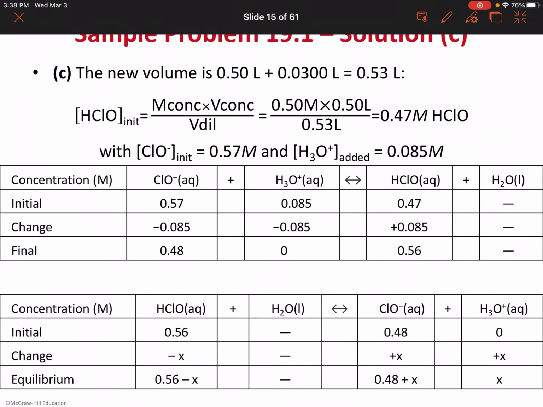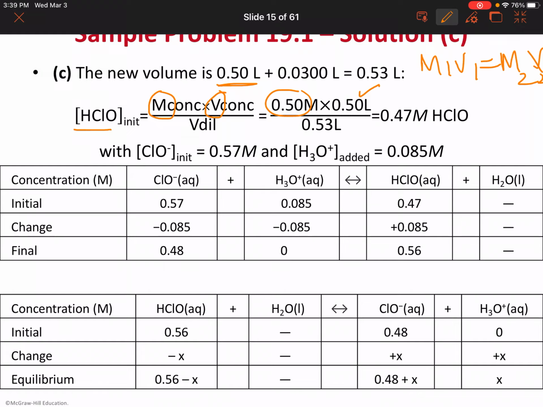I hope you remember M1V1 equals M2V2, or you can also use the concentrated and diluted terms. The molarity of the acid is 0.5, given to us, and the volume of the concentrated solution is 0.5 liters.